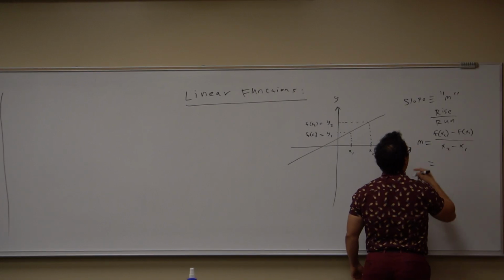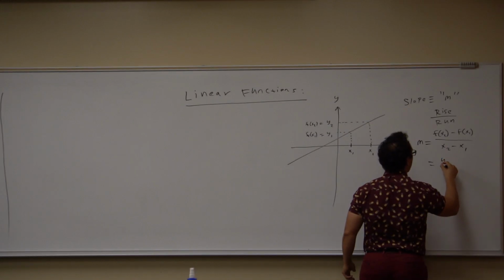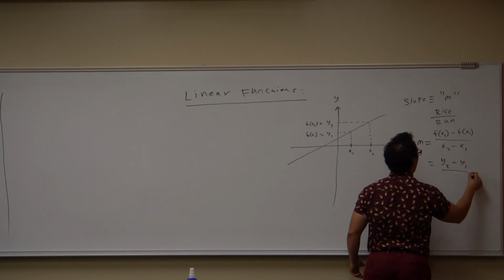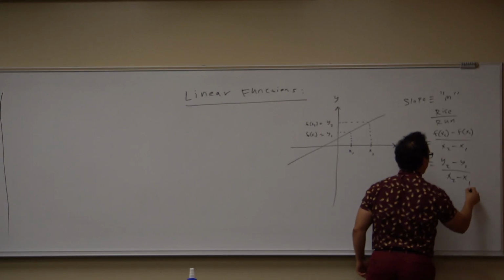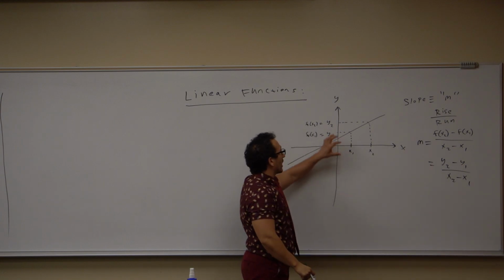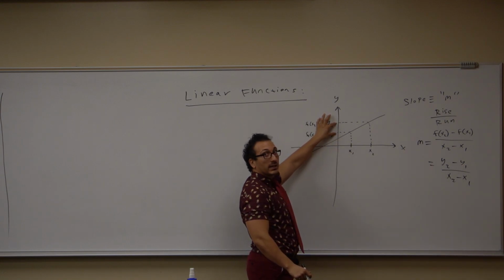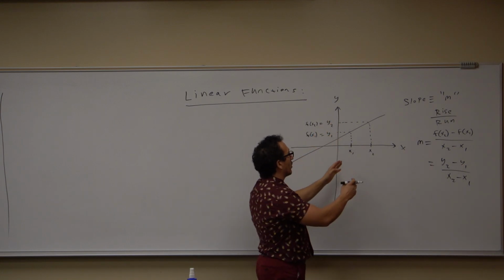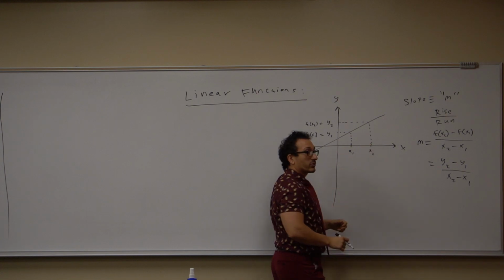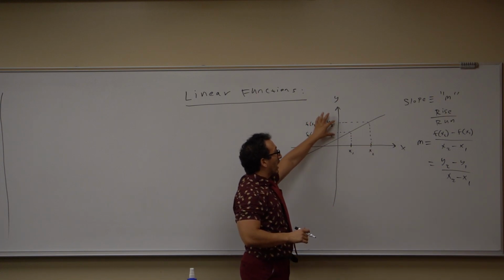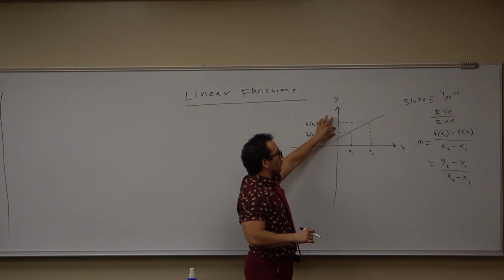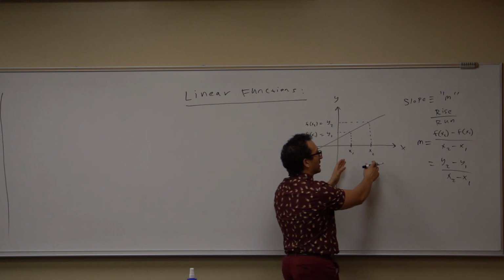Notice that this f of x2 we also call y2. So this reduces to y2 minus y1 divided by x2 minus x1. Really it's saying, what's this length divided by what's this length? That's really what the slope is. It's the rise, the change in y, divided by the change in x.